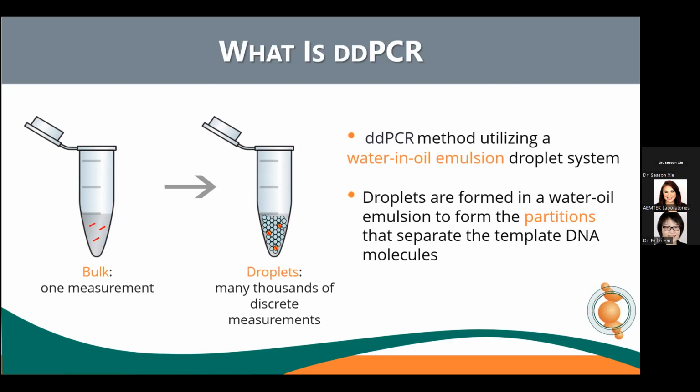In traditional PCR, as shown in the left picture, the bulk sample provides only a single measurement. However, with ddPCR, as demonstrated in the right picture, the sample is partitioned into around 20,000 nanoliter-size droplets. This partitioning enables the measurement of thousands of independent amplification events within a single sample.